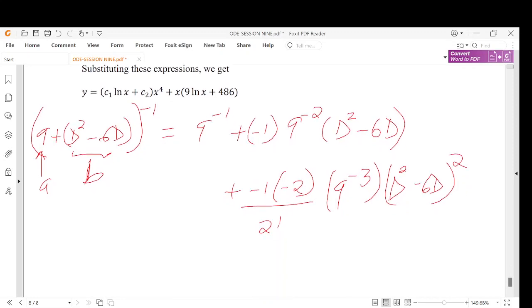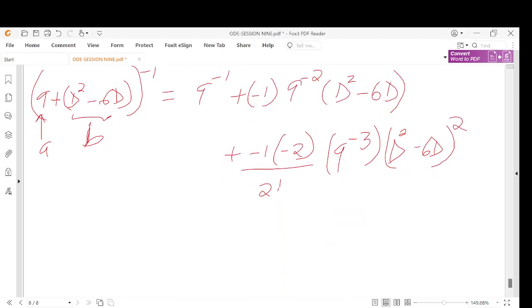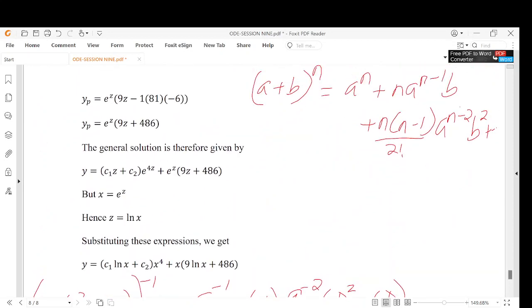And the terms will be of that form, so that we get 1 over 9, and then minus 1 over 81 times D squared minus 6D. Now here we shall not need so many terms, because what we'll be differentiating is z.